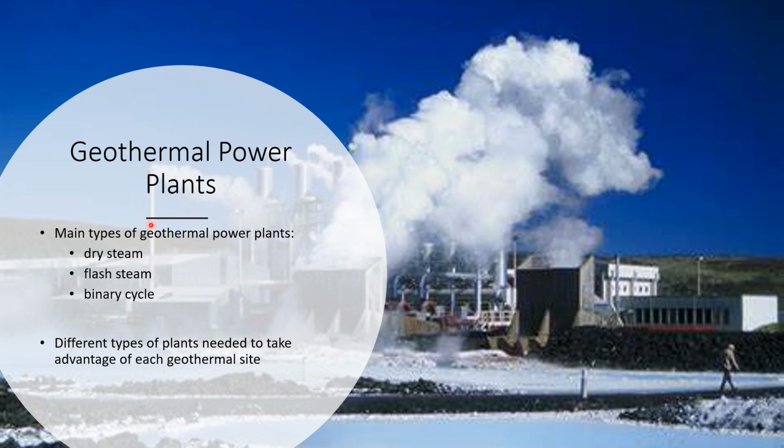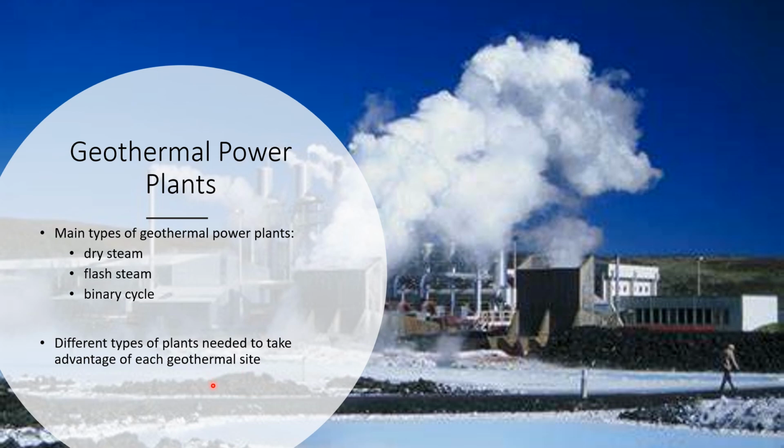So there are different types of geothermal power plants. There are dry steam systems, flash steam systems, and binary cycle systems. So you need different types in order to handle the different heat amounts that you can get from each site.